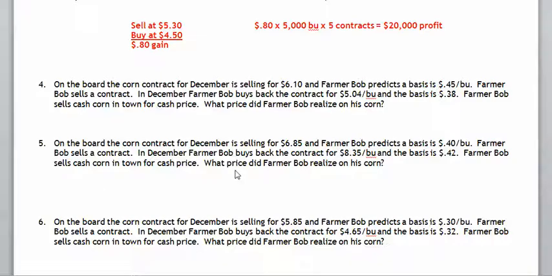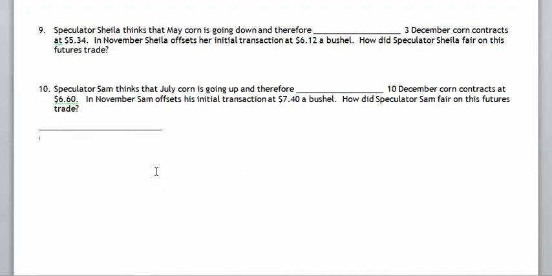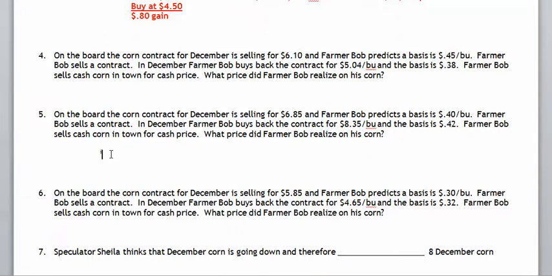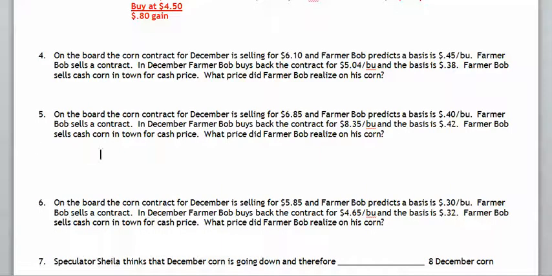Okay, so we sell at 6.85. Sell futures at 6.85. Predicts a basis of 40 cents under.